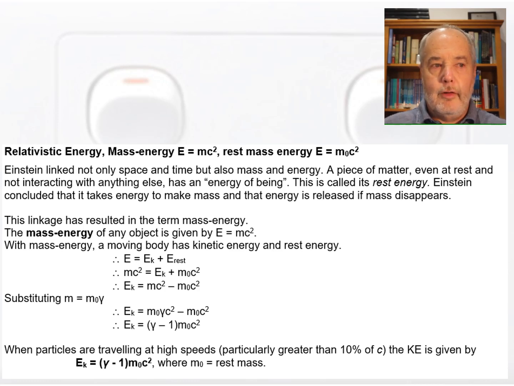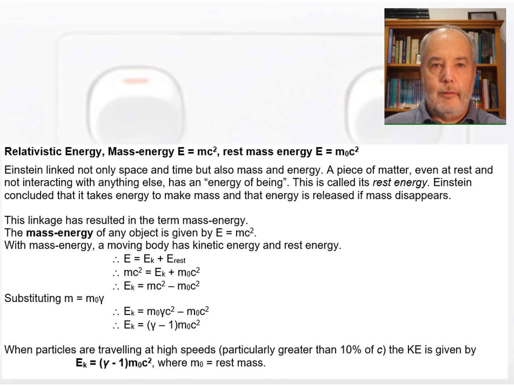If we substitute in the fact that m is equal to m naught times gamma, then we're going to get a rearrangement of the equation to give us that the kinetic energy is equal to gamma minus 1 m naught c squared. This is a very useful equation, and this will be significant when the speed is greater than 10% the speed of light.